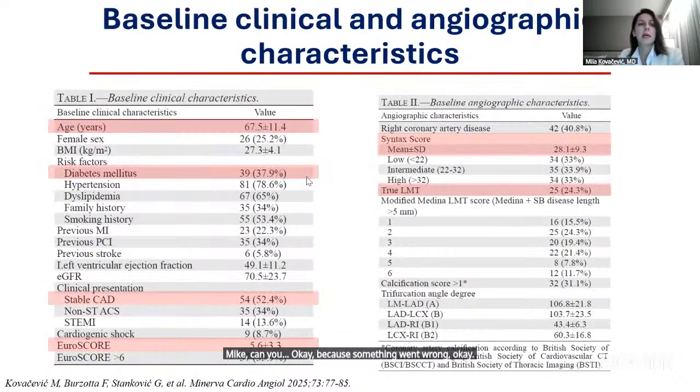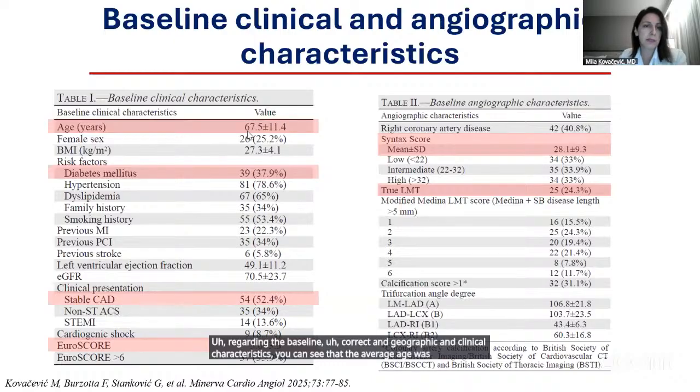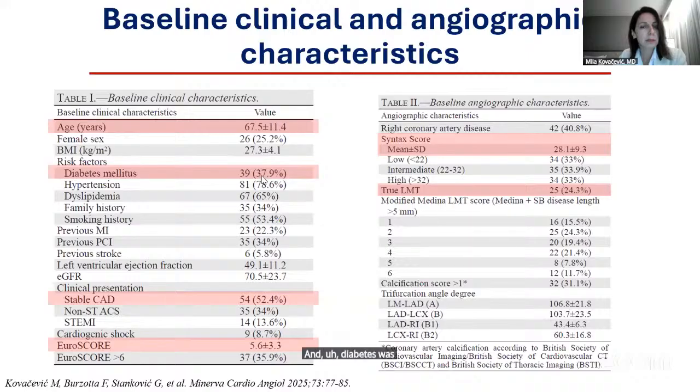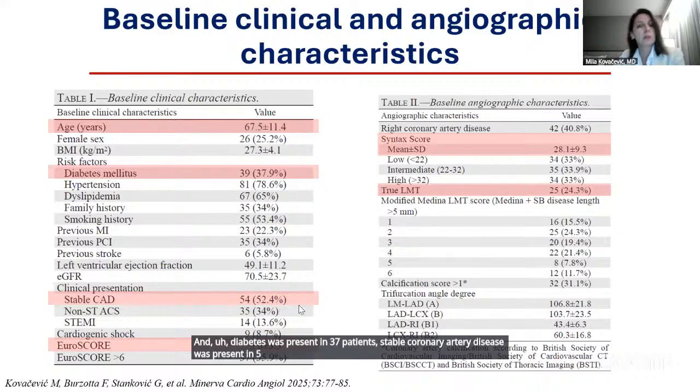Regarding the baseline angiographic and clinical characteristics, you can see that the average age was 67 years, and diabetes was present in 37 patients. Stable coronary artery disease was present in 52%, 34% of patients had non-ST elevation myocardial infarction, and STEMI in 30%.